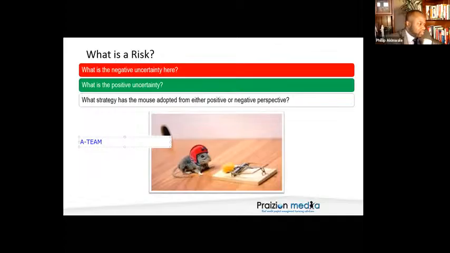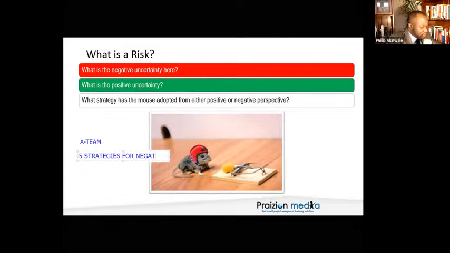What is the T? Transfer. What is the E? Escalate. What is the A? Avoid. And M? Mitigate. If you remember the A-Team, you remember your 5 strategies for negative risks or threats.